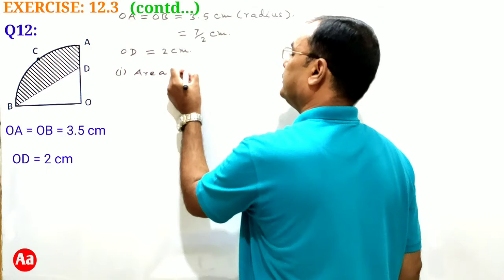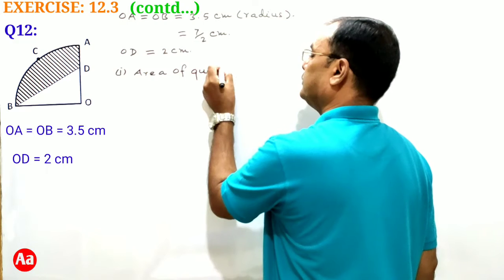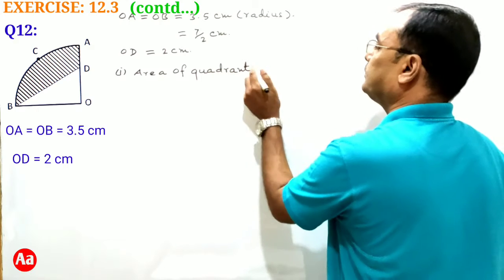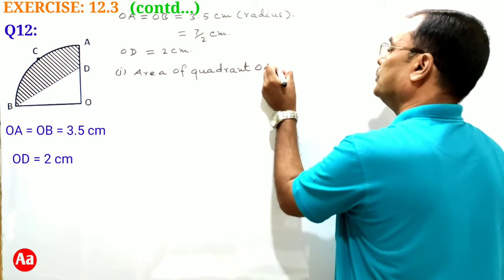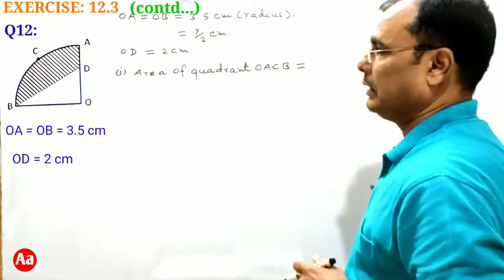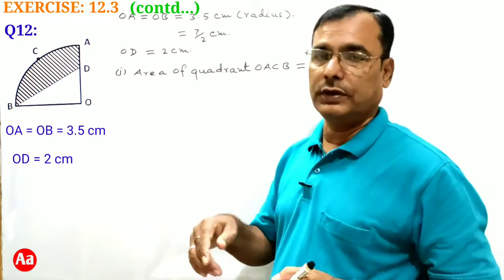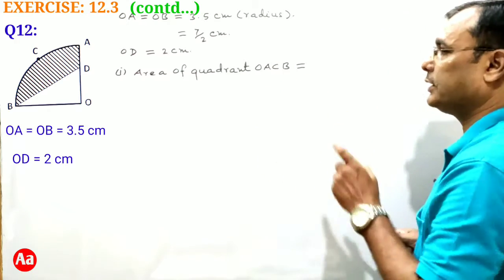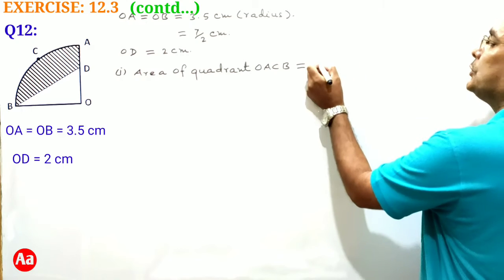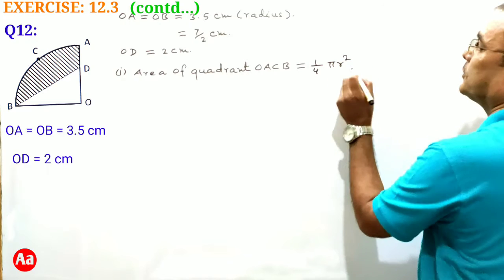Area of quadrant OACB is equal to, directly we can use 1 by 4 pi r square, because a quadrant of a circle is 1/4 part of the circle. So 1 by 4 into pi r square.